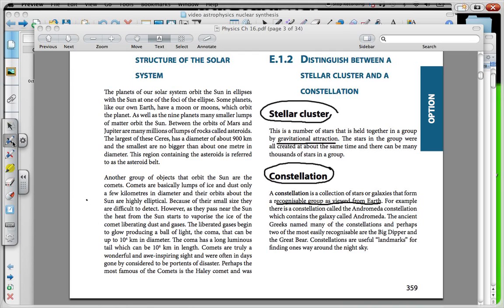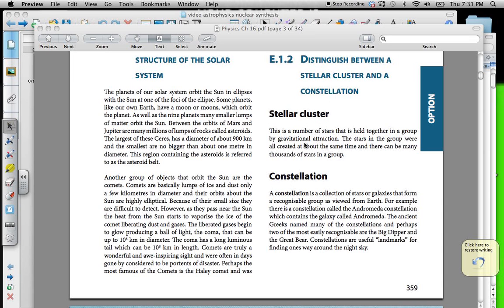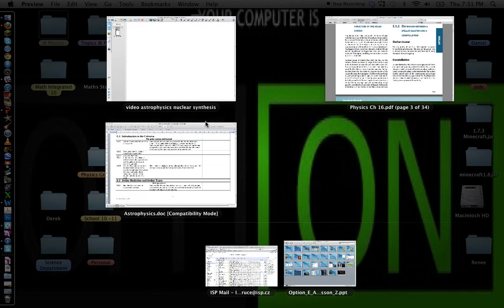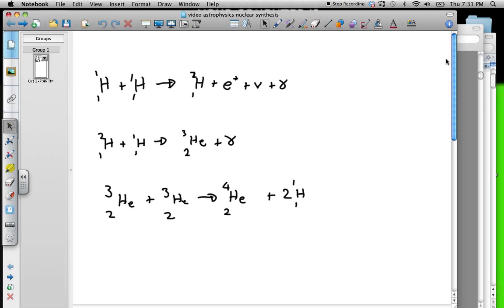There's one thing I want to spend a little bit of time with, and I'll just call up this document over here. In the Sun, energy is gained through nuclear fusion, and I've just written out the formulas roughly here.